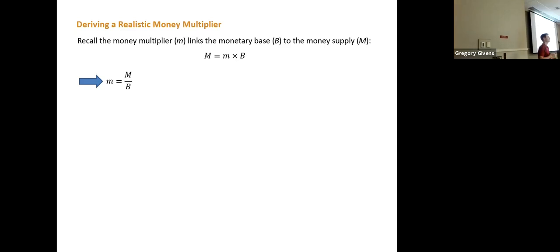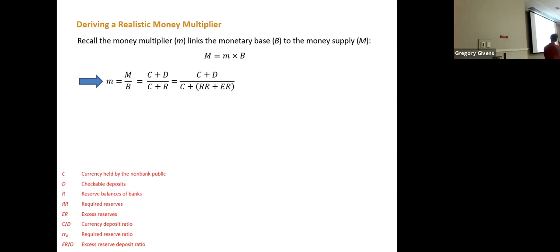Go ahead, back row. Currency in circulation plus checking account balances or demand deposits, right? If we want to think about the money supply in terms of M1, the two main components would be currency, C, plus checking account deposits, which I'll denote D.